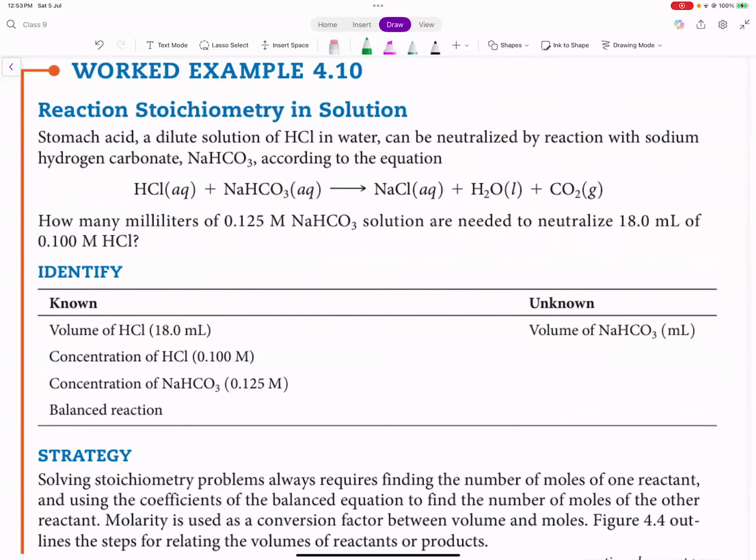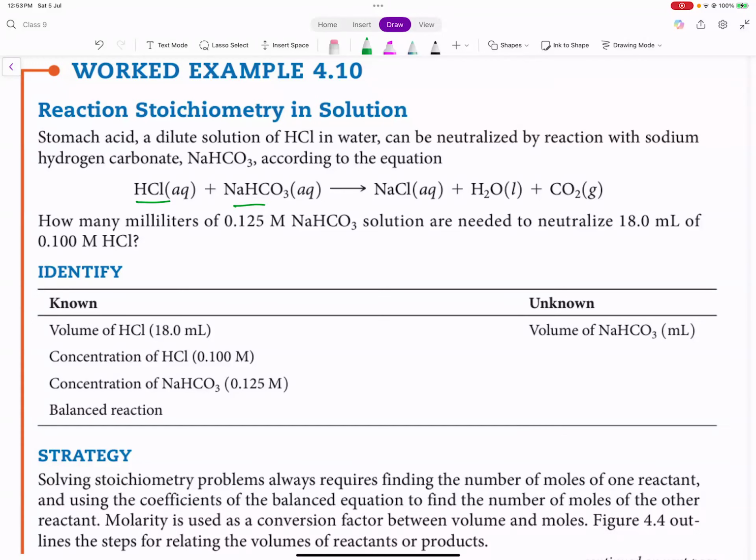Now, they have asked how many milliliters of 0.125 molar NaHCO3 solution are needed to neutralize 18 ml of 0.1 molar HCl. See, same thing, nothing. First, we have to relate HCl and NaHCO3.